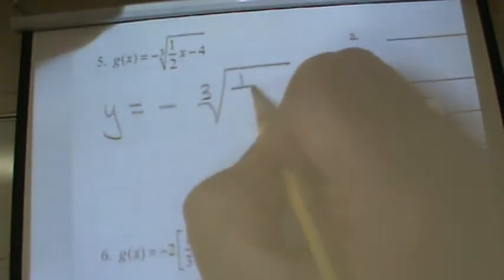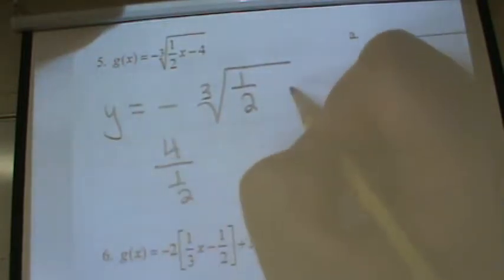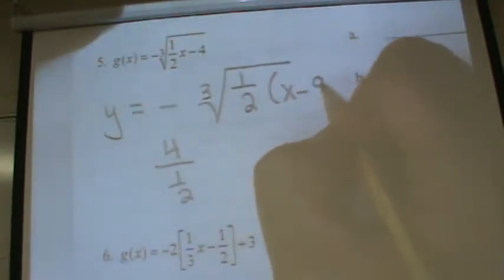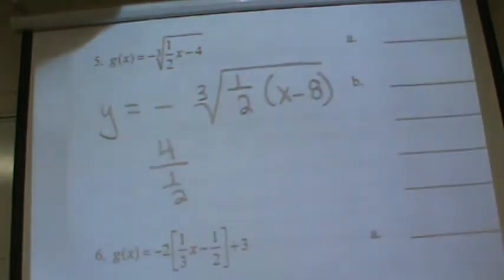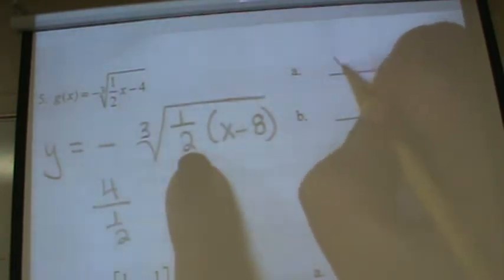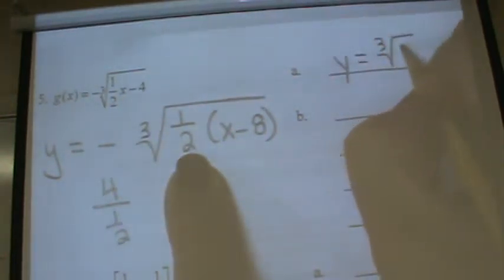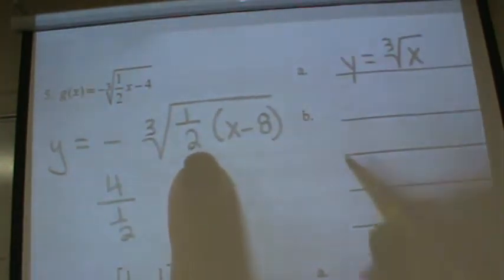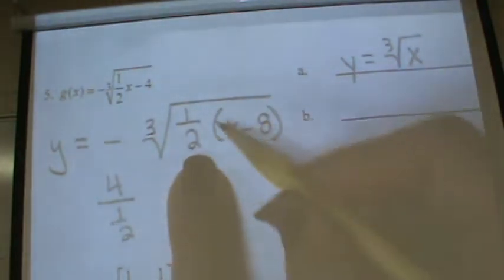Number 5, what are you gonna pull out? Pull out a 1/2. So you're going 4 divided by 1/2, which is 8. Okay, we start with this right here. Well, first of all, the parent function is the cube root. This is your a value, flip it.